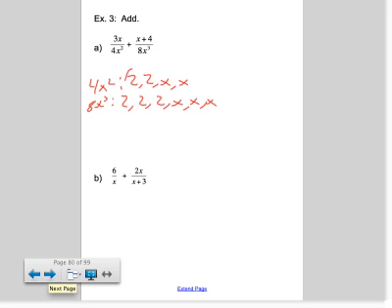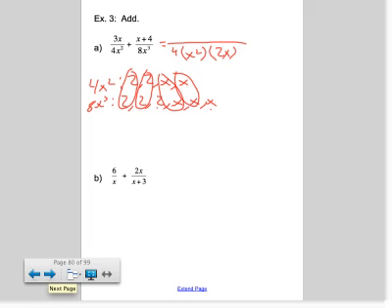So right away I know on the bottom I'm going to have a 4 times x and x, so I have an x squared. And then I also have to multiply every non-common factor as well. So I have a 2 and an x left over, so I multiply by 2x. So that is going to be my denominator.